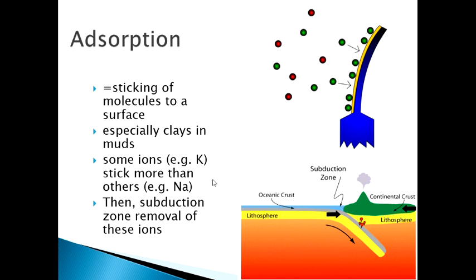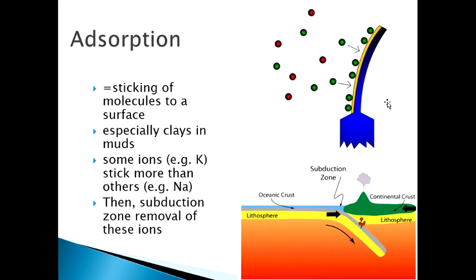We need another process, and that process is adsorption. So the bottom of the ocean, oceanic crust, but then that oceanic crust is covered by all those different sediments that we talked about last time, especially a bunch of clays in muds. And clay molecules, that's what this little blue broom-like thing is supposed to represent in this cartoon.